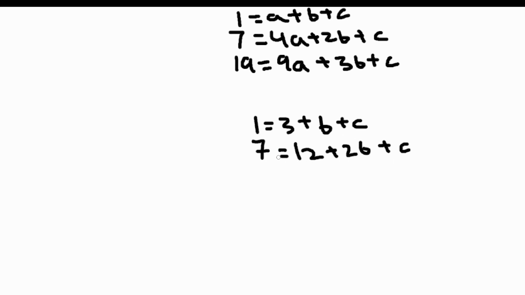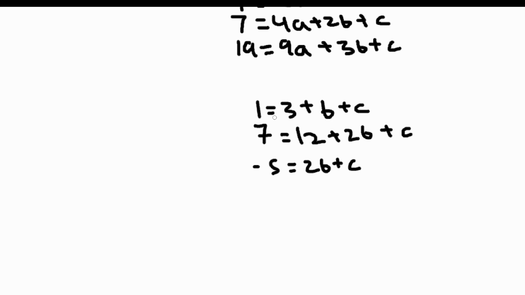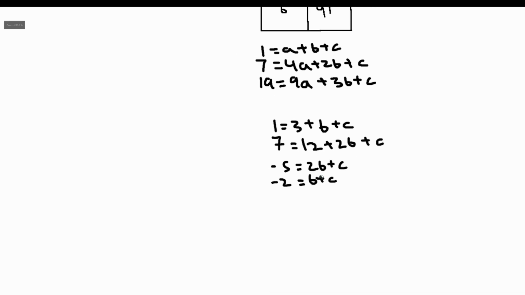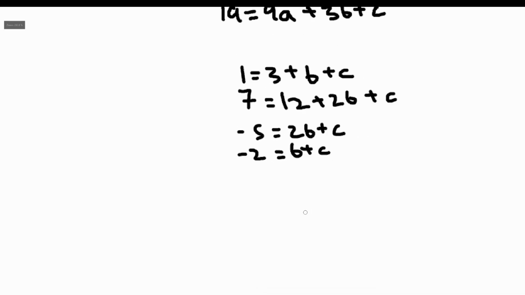So this would be minus 5 is equal to 2b plus c. And this would be equal to minus 2 is equal to b plus c.